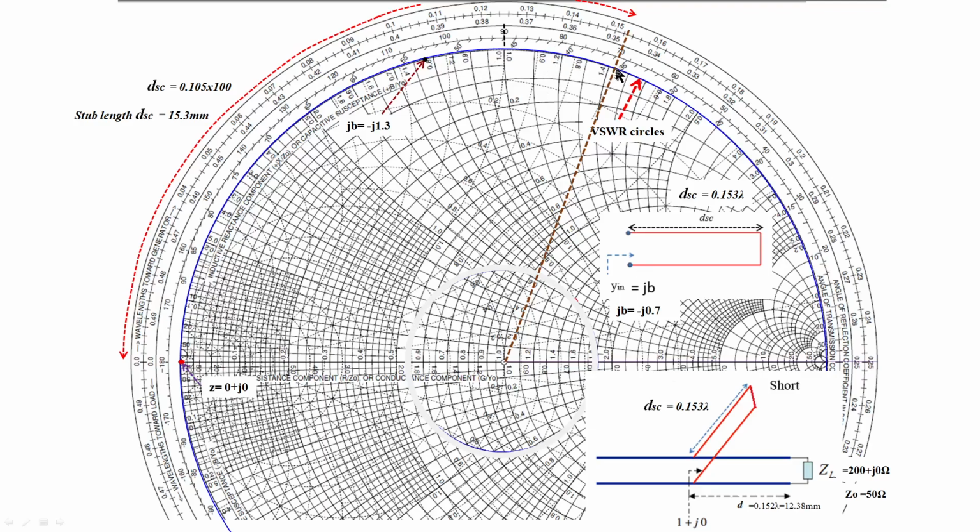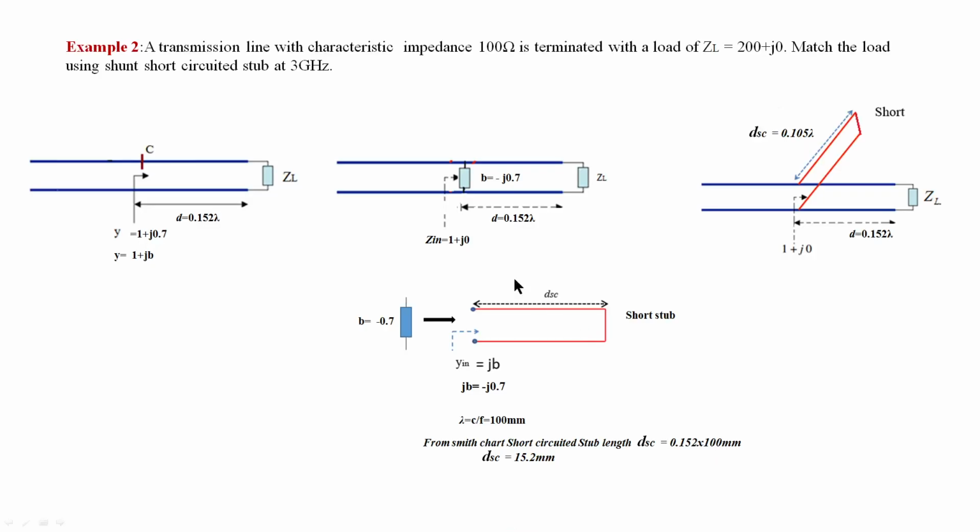So we stopped here and found the distance from here. What we did here is, we needed this minus 0.7, so we designed a stub like this. To get this value of minus 0.7, take this length of stub, according to the required value of susceptance that we got from the Smith chart.